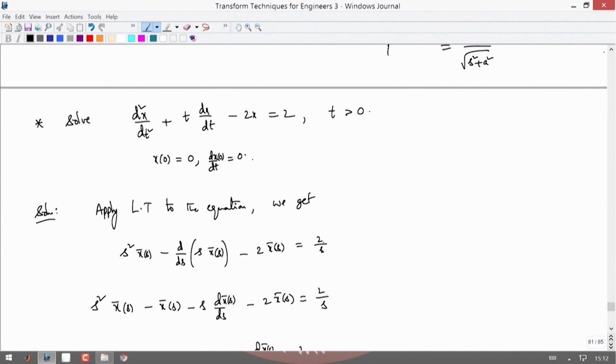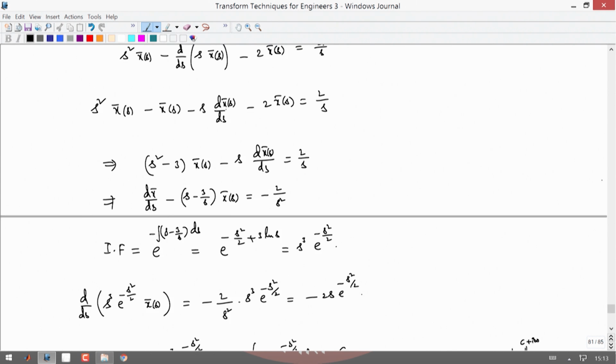If you differentiate t square, you get 2t, and again, 2. And if you put it here, 2 plus t times 2t minus 2 times t square. So, this goes to 0 and this is left with 2. So, that is exactly satisfying. So, the equation is satisfied along with this initial condition.